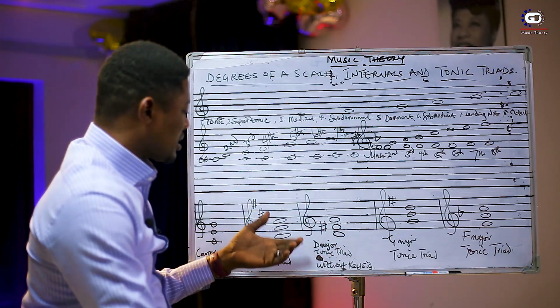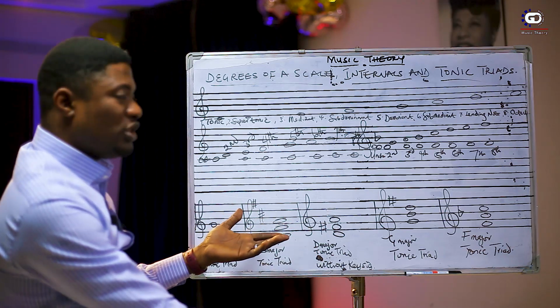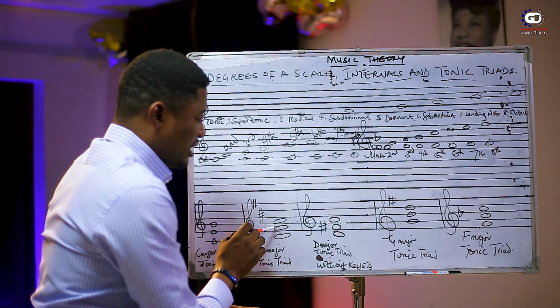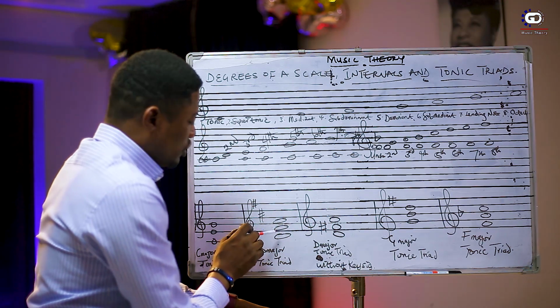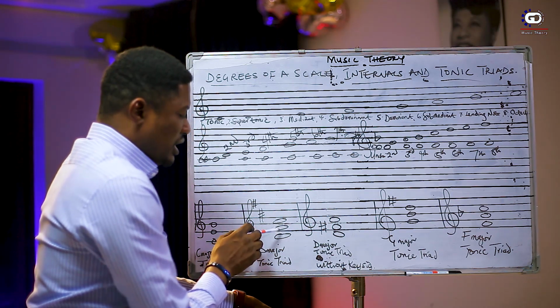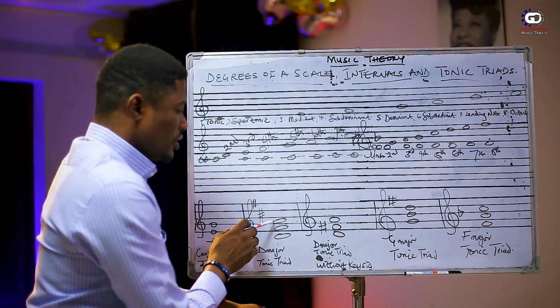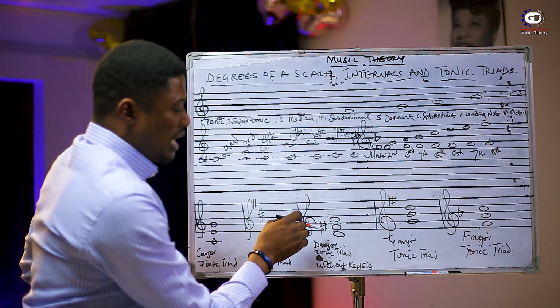For instance, in the tonic triad of D major, we have F sharp, and the F sharp here is affected. So when you're saying it, don't say D F A, it is D F sharp A, right? And as it is spelled out here.